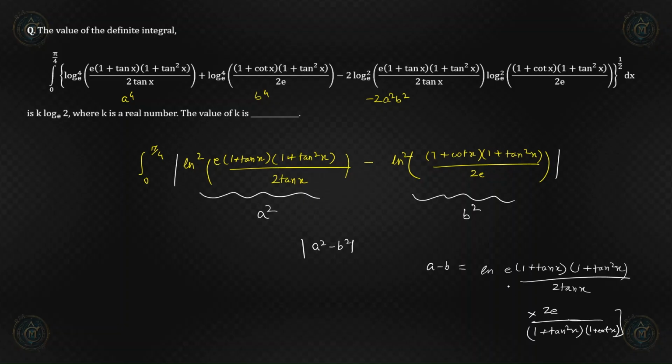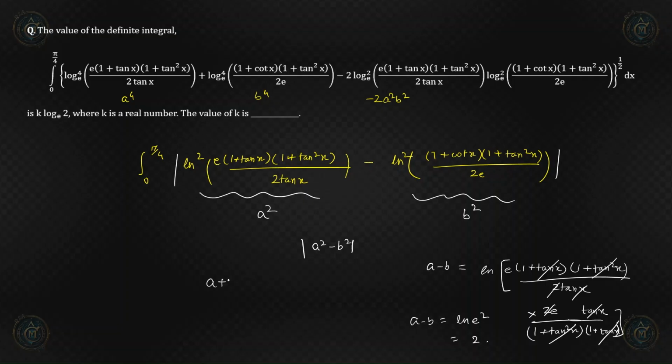Now we can cancel this 1 plus tan square x here, and 1 plus cot x we can write as 1 plus 1 by tan x, that means 1 plus tan x divided by tan x. So tan x will be here and this cot x becomes tan x. So this 1 plus tan x gets cancelled and tan x gets cancelled. Also 2 gets cancelled, so we get a minus b is log of e square. So this is simply equal to 2.